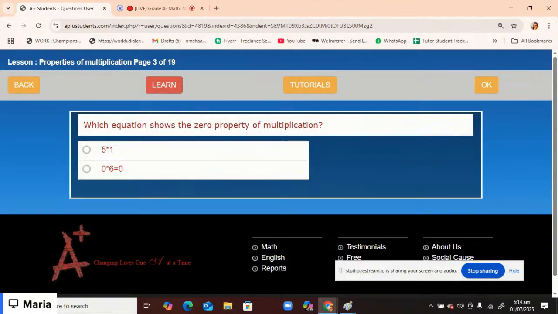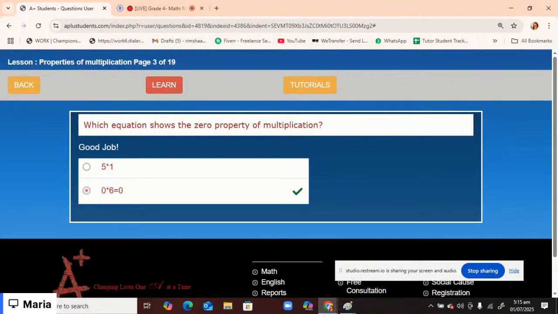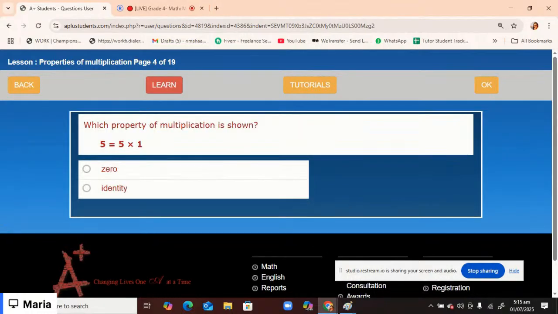This one is called identity. It's not the zero property. Any number which is multiplied with 0, you get the answer 0. So that is your zero property. The zero property is very easy according to its name. Any number which is multiplied with 0 is 0. Any number which is multiplied with 1, you get that number. This is called identity.